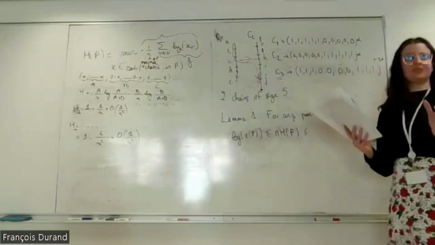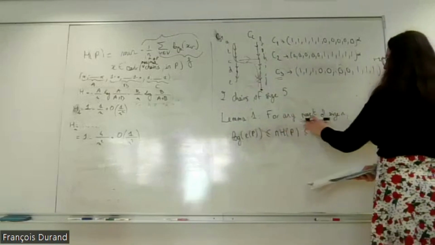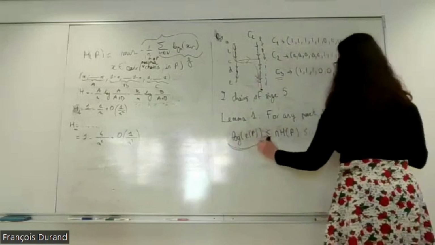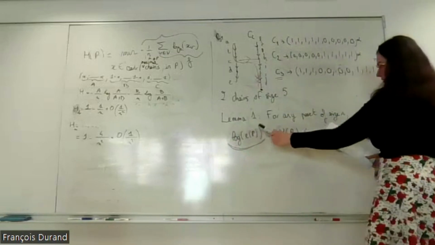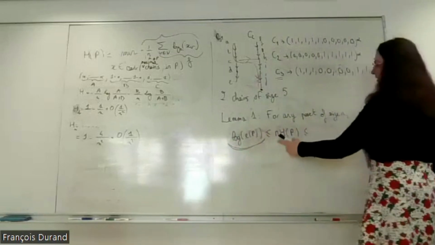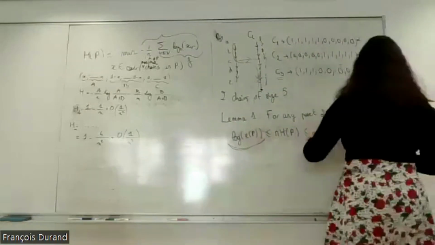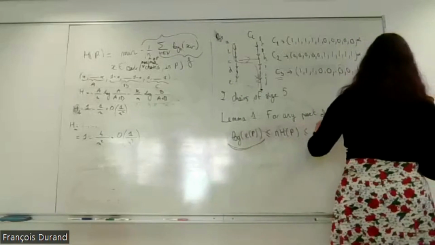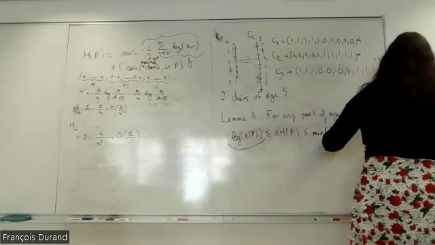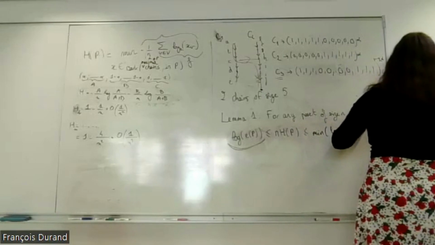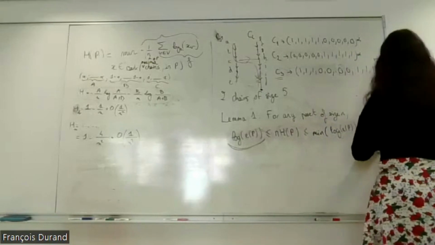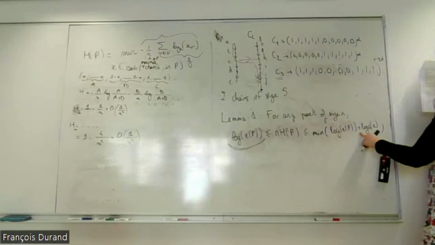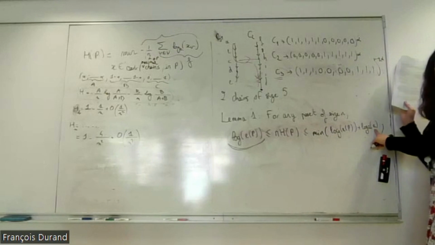So the first lemma: for any poset of size n, the log of the number of extensions is lower than n times the entropy of P, and this is lower than the minimum of this quantity, log E of P plus a log of an exponential.